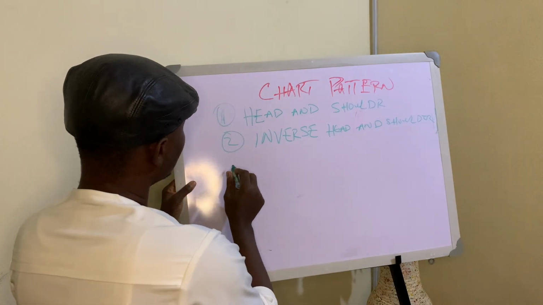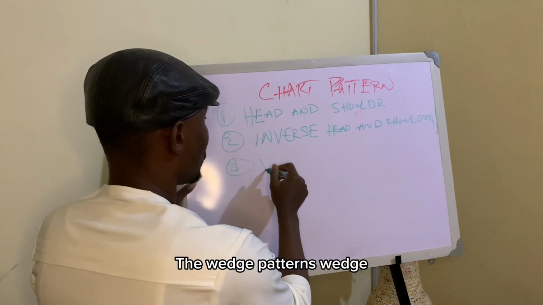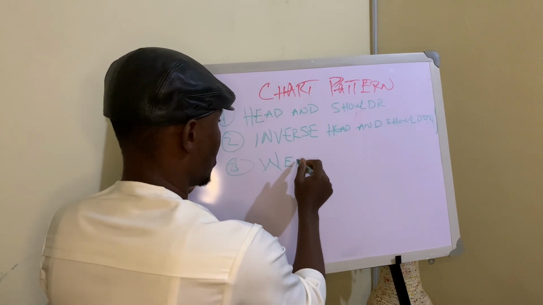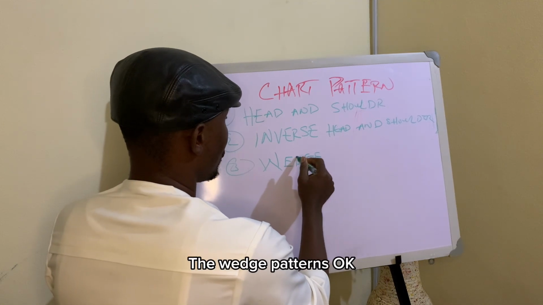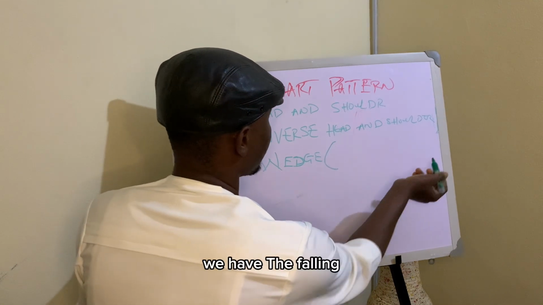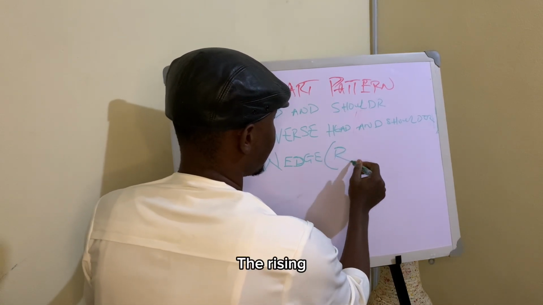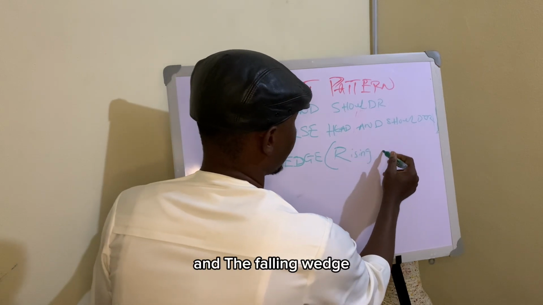Then we'll talk about the wedge patterns. Under the wedge patterns, we'll have the rising and the falling wedge.